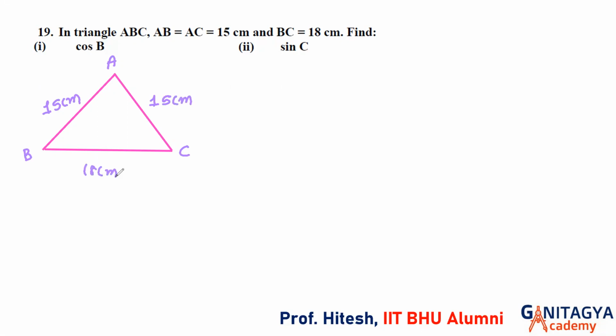What we will do? We will take a perpendicular bisector because it is an isosceles triangle. If we draw a perpendicular from here to its midpoint, it will bisect it.